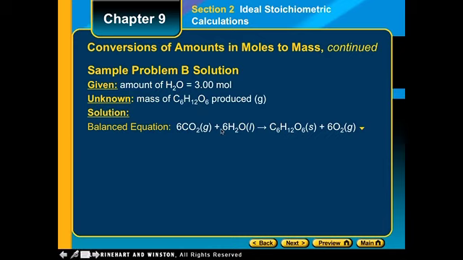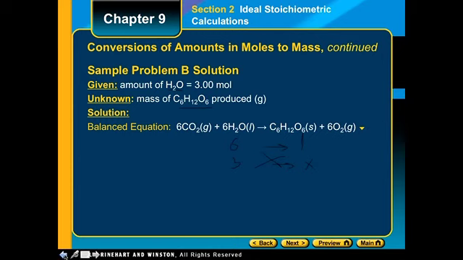To use the proportion: H2O and C6H12O6, every 6 moles results in 1 mole, 3 moles result in X moles, by cross multiplication.